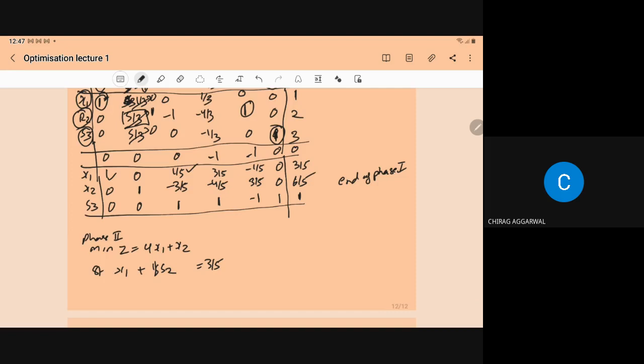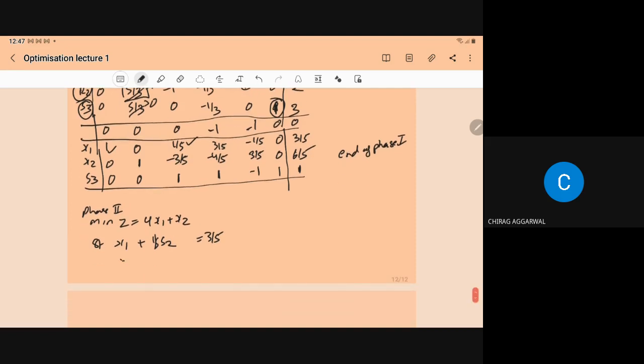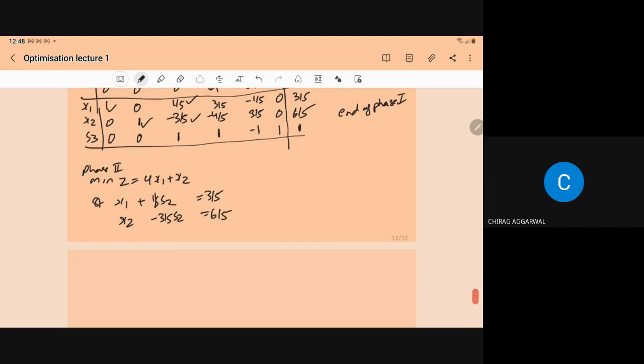R1 and R2 are already at 0 level, so we need not write them. Then x2 minus 3 by 5 s2 equal to 6 by 5. Then s2 plus s3 is equal to 1.